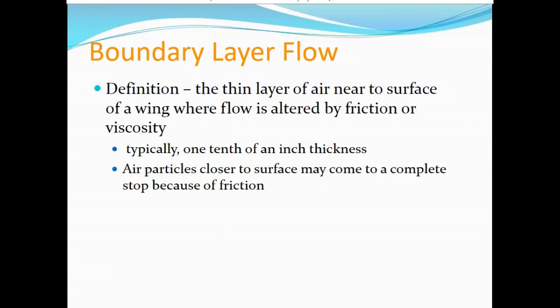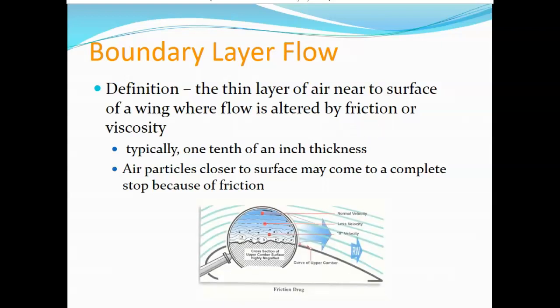It's typically, again, 1/10 of an inch in thickness, and the air particles closest to the surface actually come to a complete stop because of that skin friction. As you get further from the surface in the boundary layer, the velocity of the flow starts to increase until it gets to normal velocity.